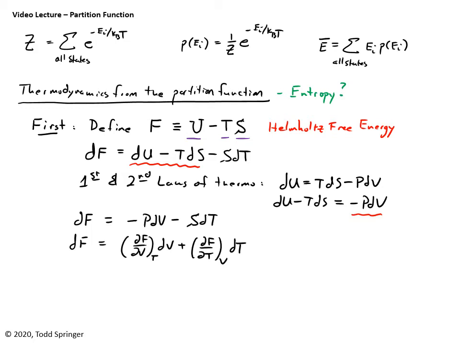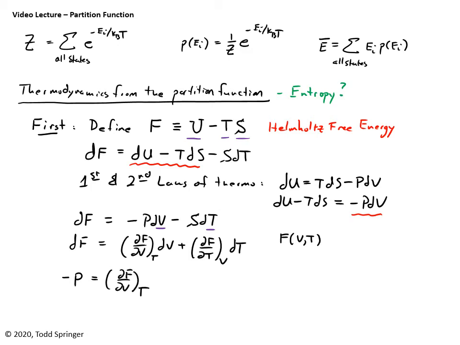The two variables that are showing up here are V and T. So if I think of my function F, this free energy, as a function of V and T, then its differential dF has this form: partial F partial V keeping T constant times dV, plus partial F partial T keeping V constant times dT. And I can read off from here that minus P is equal to dF/dV at constant T.